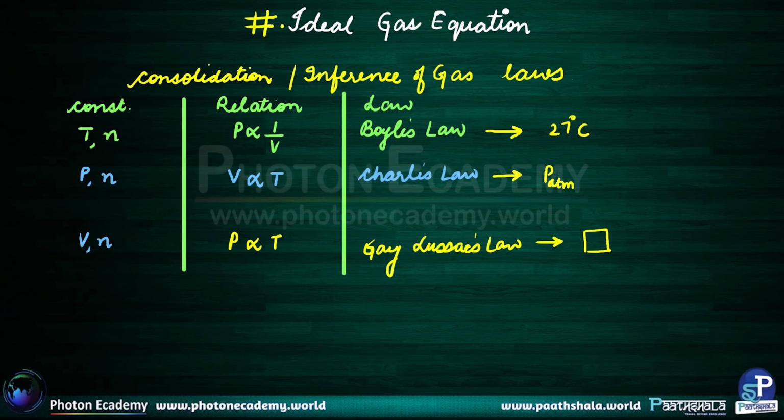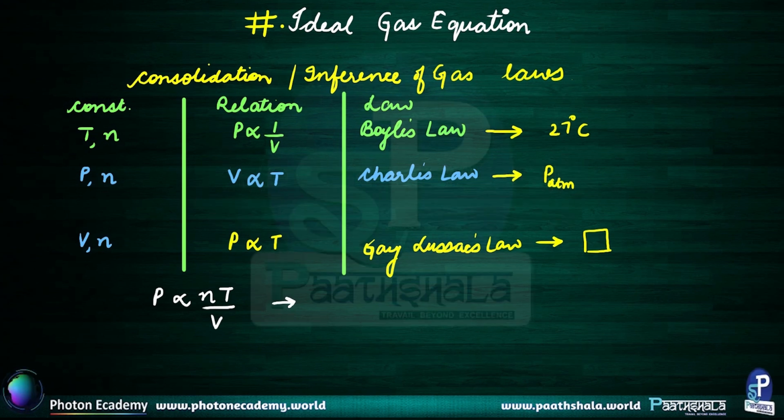So on combining these conditions, we can say that pressure is directly proportional to nT divided by V. And this can be converted to an equation by giving it a proportionality constant, that is P = nRT/V.